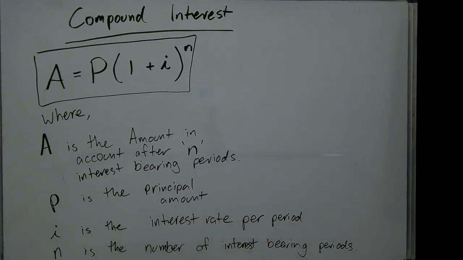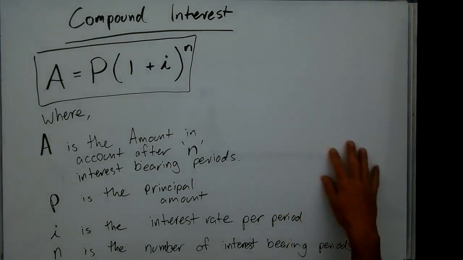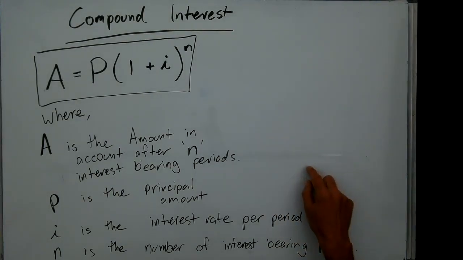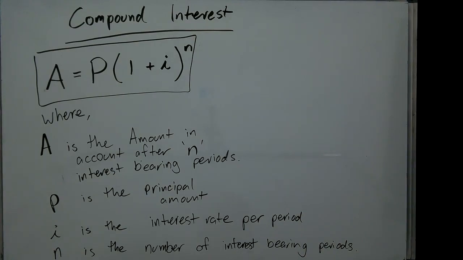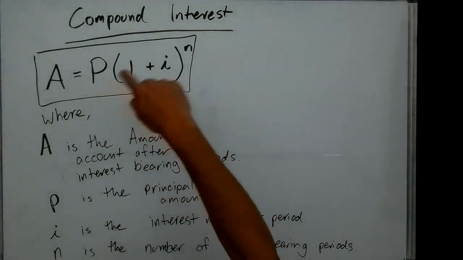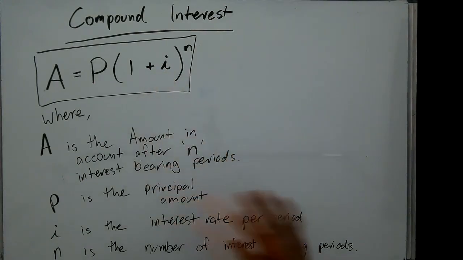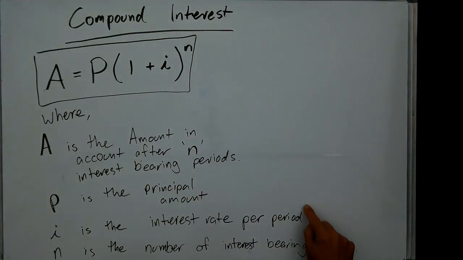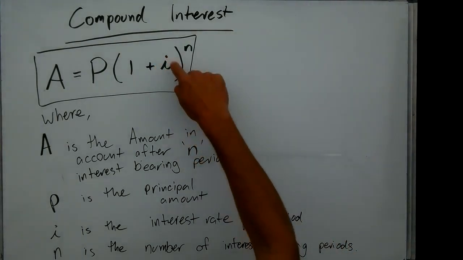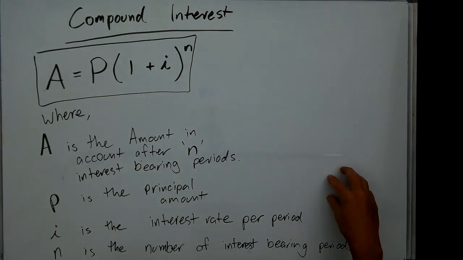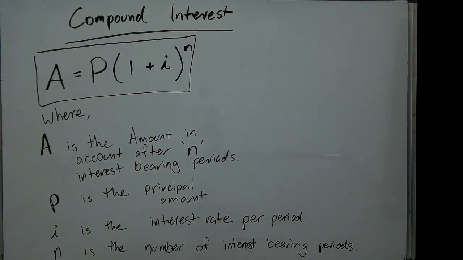So essentially what that means is compound interest could be once a month or quarterly or once every 6 months, or it could be daily. They calculate the interest. So we're normally given the rate as an annual rate, and then we have to work out how often that happens per year, and I is essentially the annual rate divided by how many times per year.